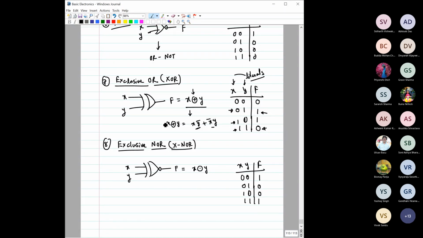Now we can represent this x or y by this expression, and you can see this is basically broken down to very simple operations: this AND operation, NOT operation, here also AND and NOT operation, right?